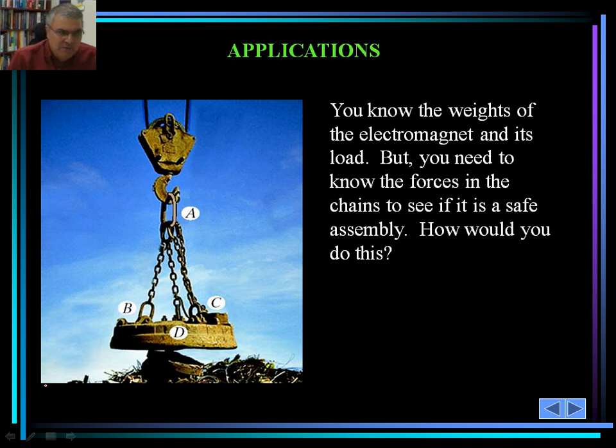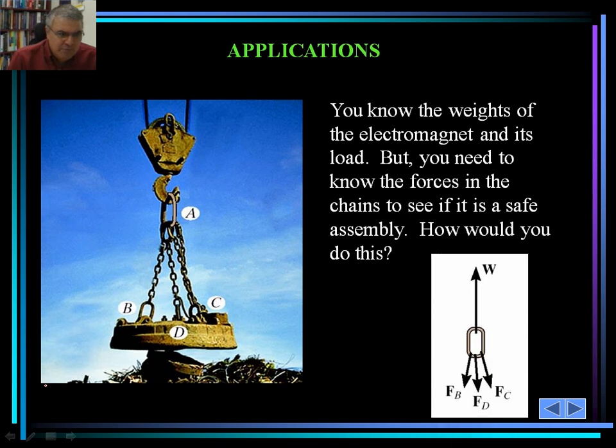The weight of the electromagnet and its load is given, but we need to know the forces in the chain to see if it is a safe assembly. And how would you do this? Well, we would take a look at similar cases. The first step is to draw the free body diagram, analyze the forces, and make sure that the load doesn't exceed the capacity of the members.